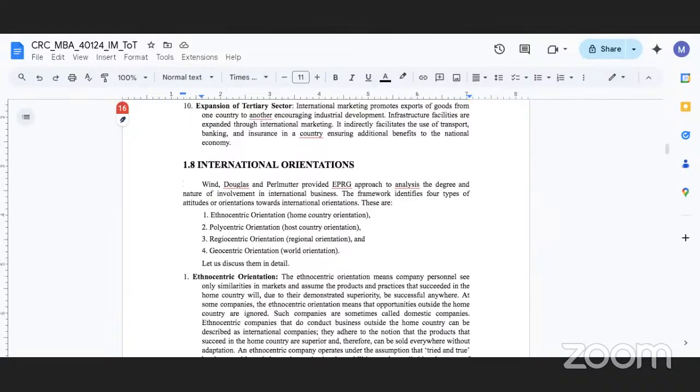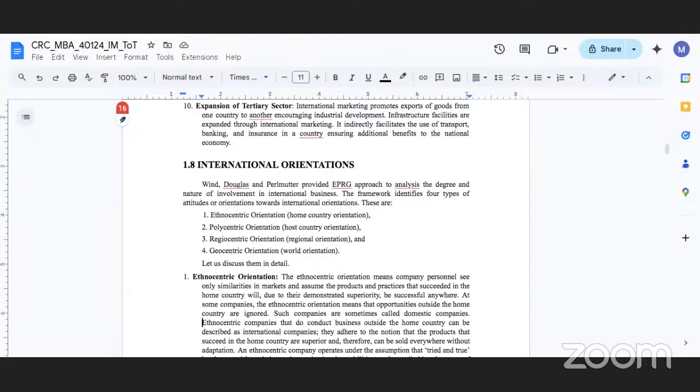Now, when you're talking in terms of international orientation, another aspect that we need to understand is what Wind, Douglas and Perlmutter have talked about. They provided an EPRG approach to analyze the degree and nature of involvement in international business. Now, what is this EPRG approach? E stands for ethnocentric orientation, that is home country orientation.